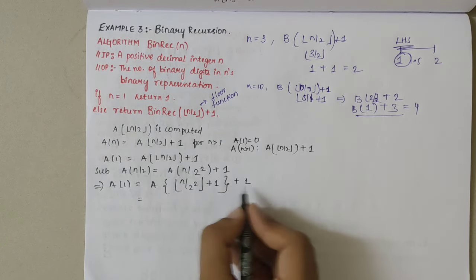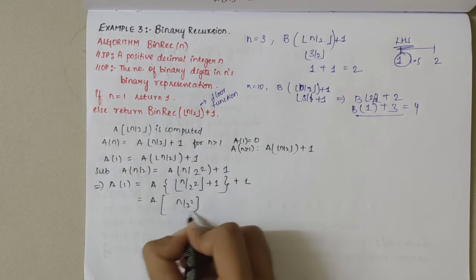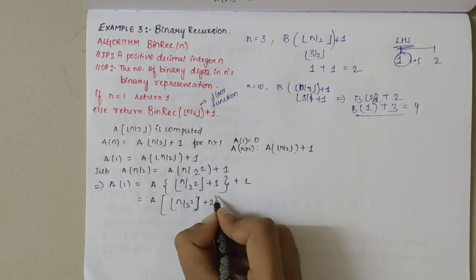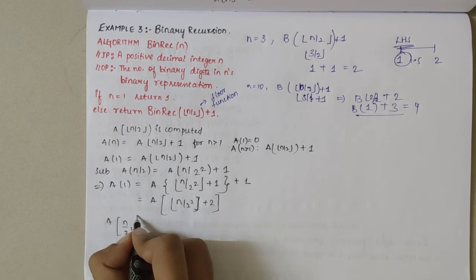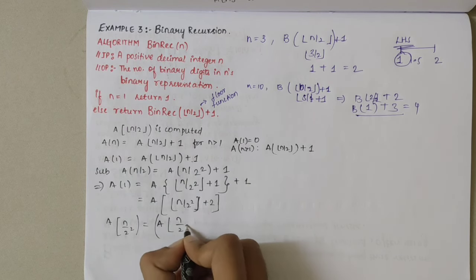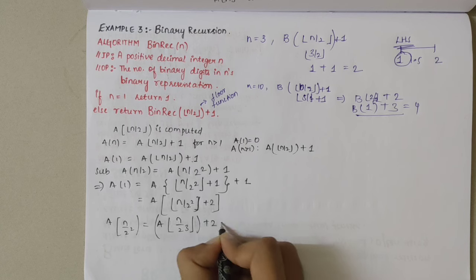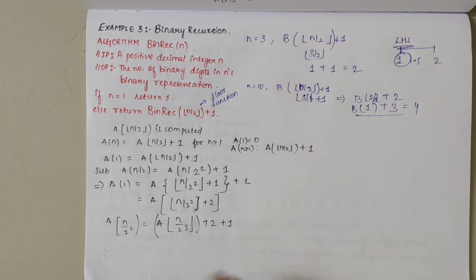If I add these two, I get A of n by 2 squared plus 2. So I can write it as A of n by 2 cubed plus 2 plus 1. Further, n by 2 was taken, now I'll take n by 2 squared, and 2 cubed will be there, and the previous 2, and plus 1 again, new. This keeps on repeating.